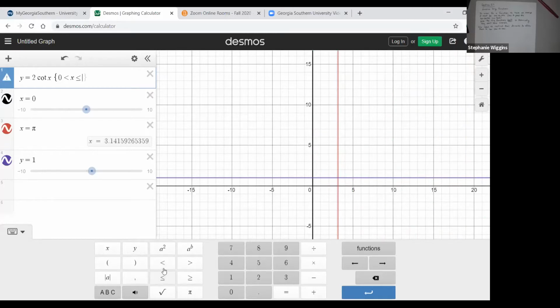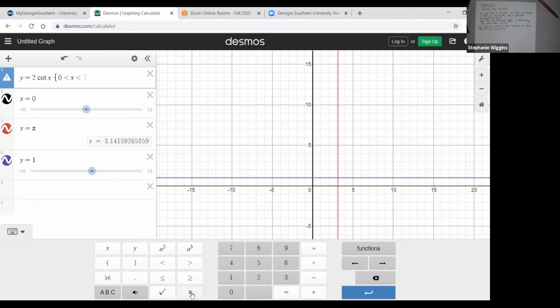Hold on. There it is. Now it passes the horizontal line test because I'm focusing in on one piece of the function. And so when you use your calculator and you're calculating the inverse of a function, you're just focusing in on one piece, okay? This one's cotangent.